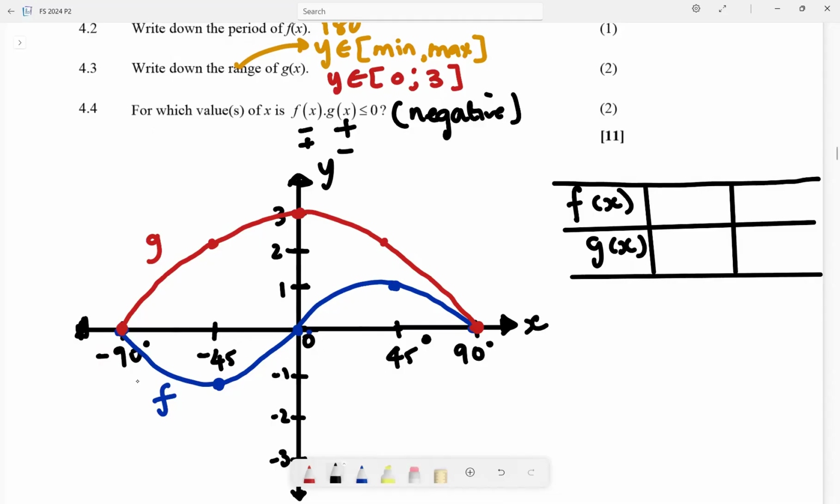Okay? Now, I want you to see something. From here, let's talk about f first. Where is f negative? We want where this is negative, this is positive, or this is positive, this is negative. We are trying to see that. Where is this f of x negative? F of x is negative here.